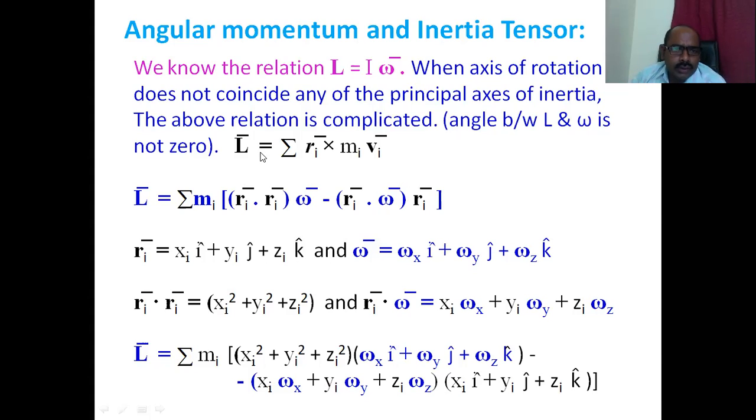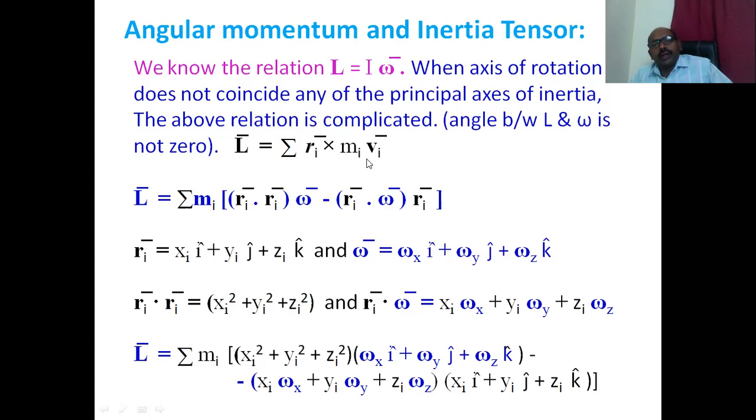Generally, the moment of linear momentum is angular momentum. The sum of the momenta of all particles gives the angular momentum. Therefore, we write the summation of r cross p for every particle.